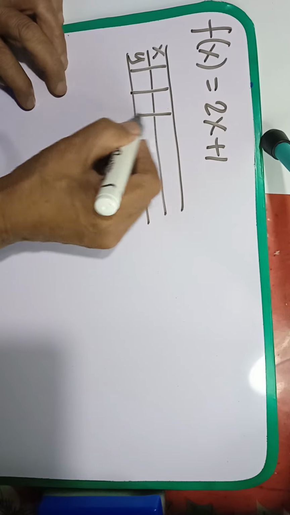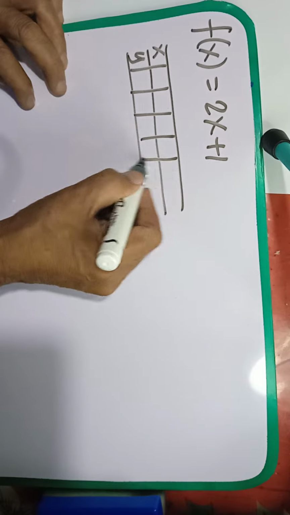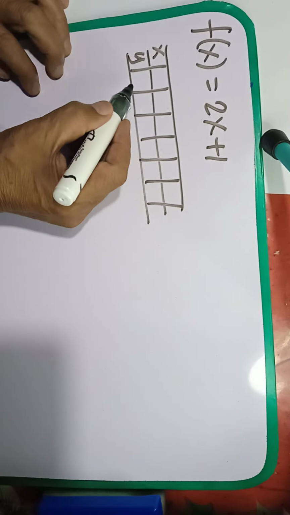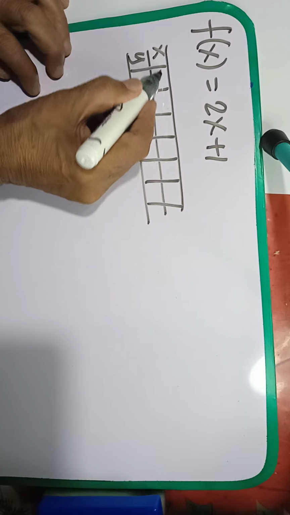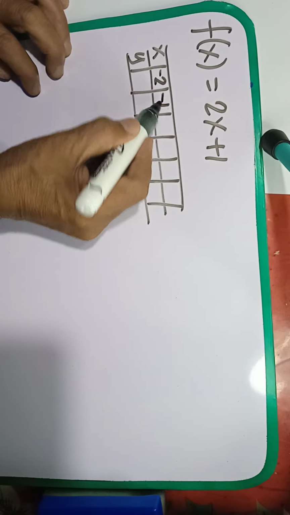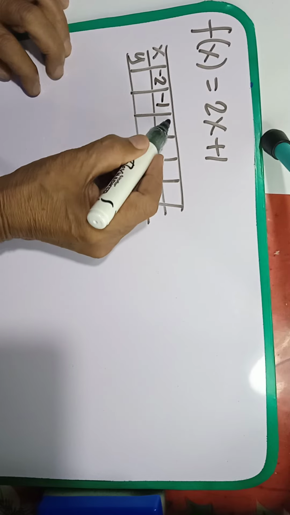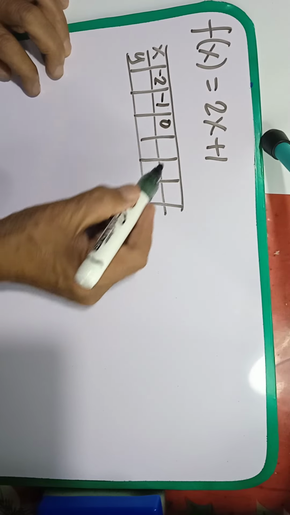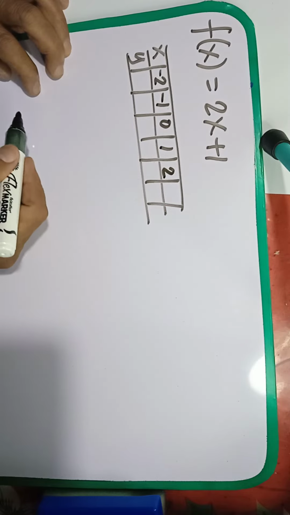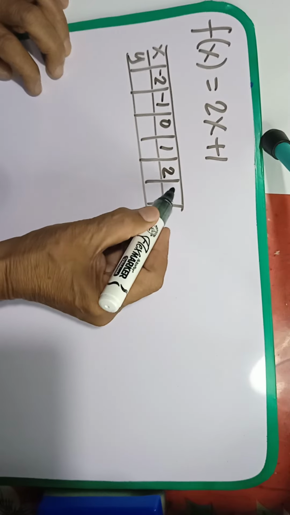So, we will assign values for x from -2, -1, 0, 1, 2. Okay, we can also have 3.